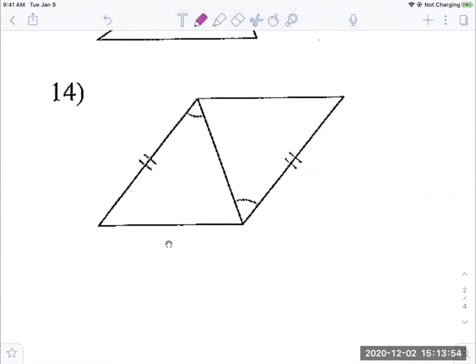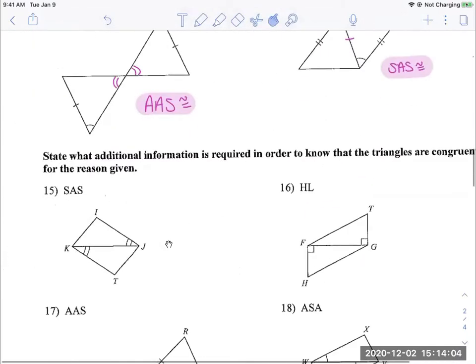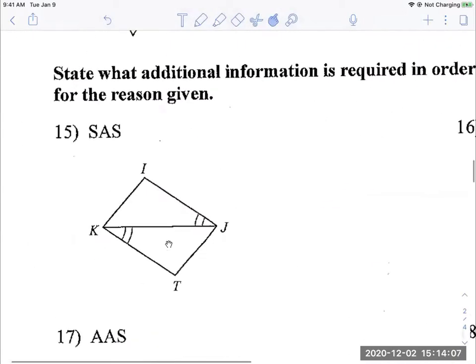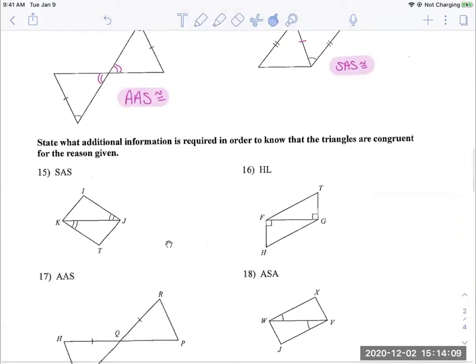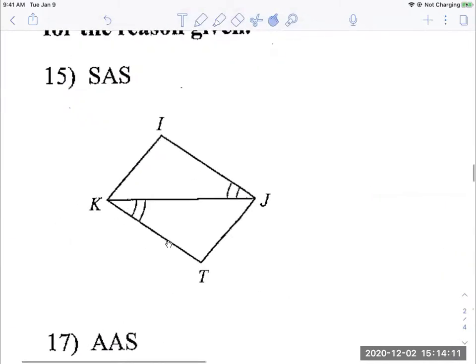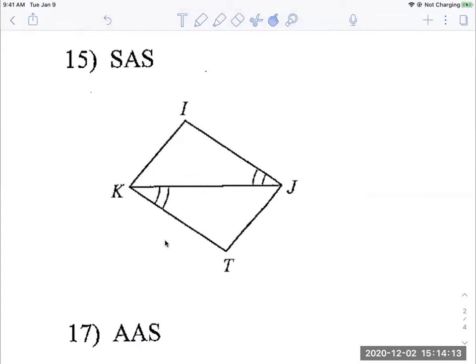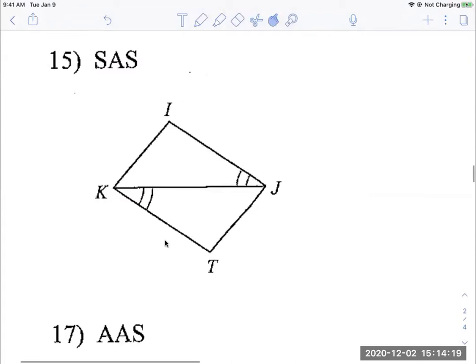Number 14, reflexive property of congruence, side, angle, side. State what additional information is required to know that the triangles are congruent by the reason given. So for side, angle, side, it says state, and that means don't just mark it on the picture, actually state what you would have to know.